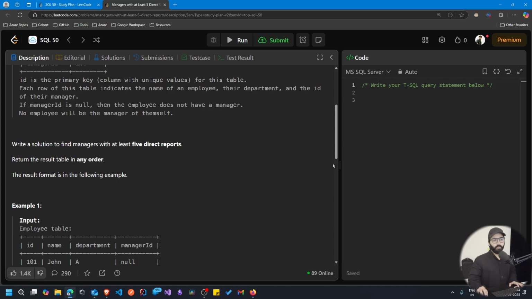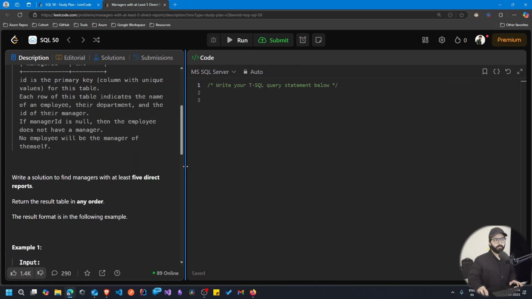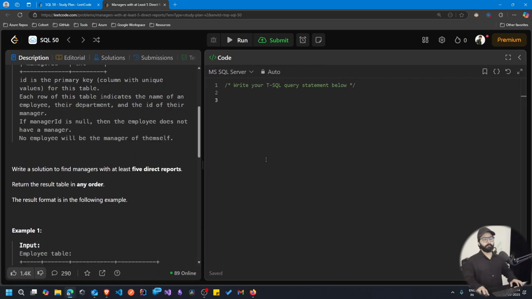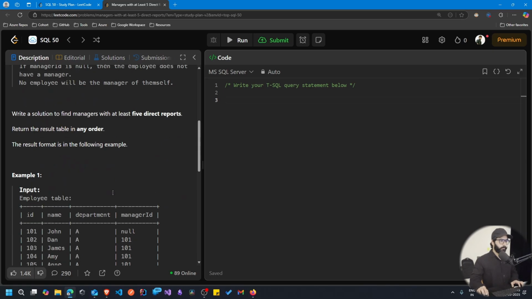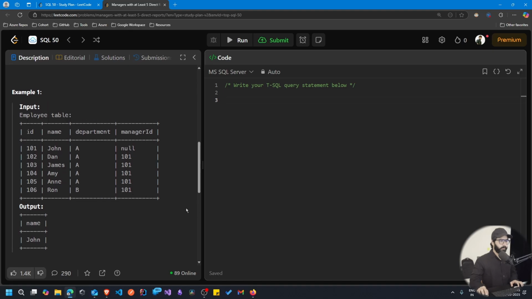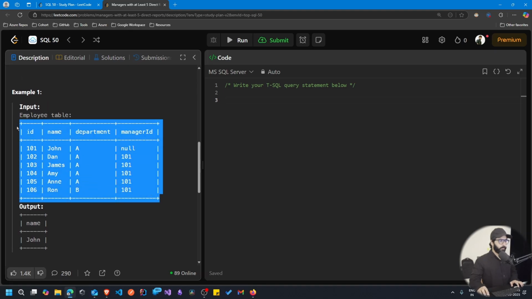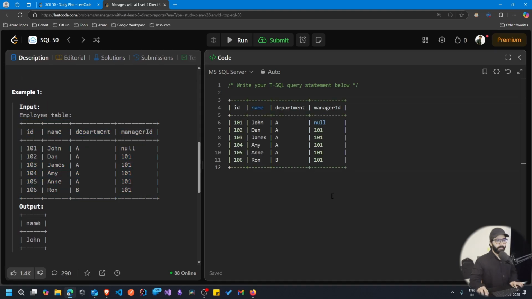So how can we solve this question? Do you have any idea how we can attempt it? First, let me take this schema, which will help me break down the problem.